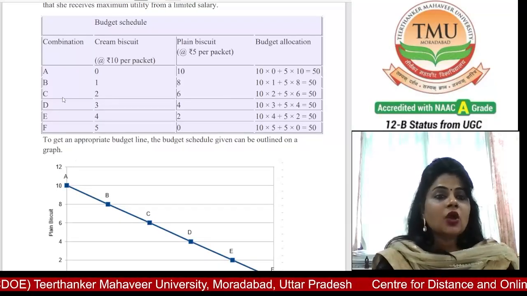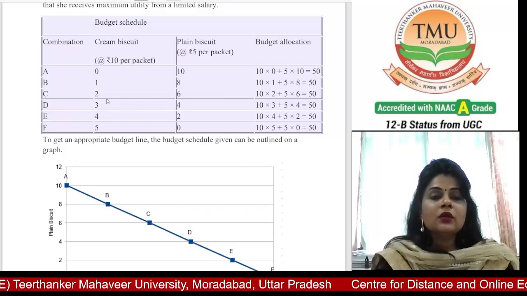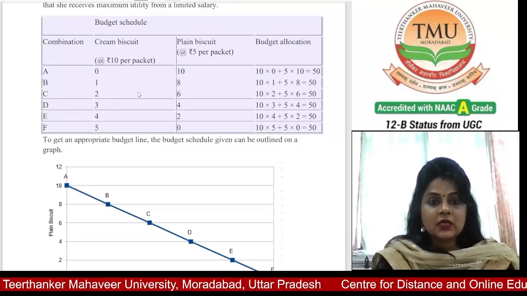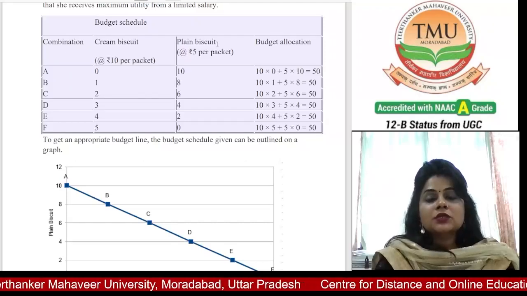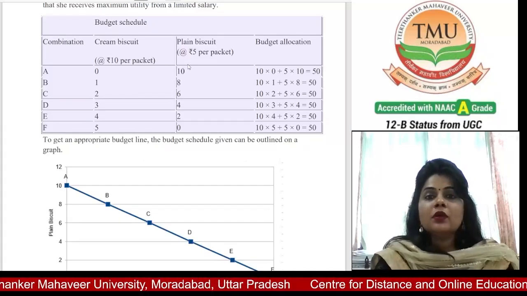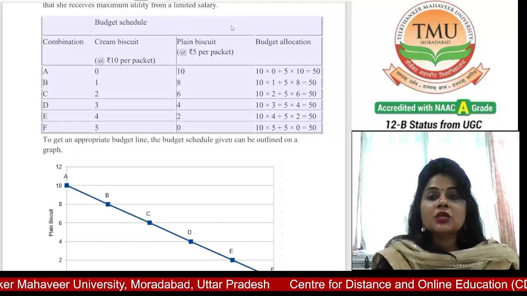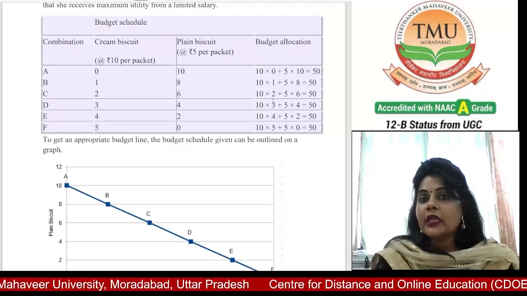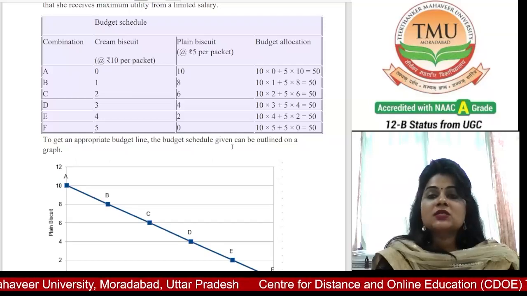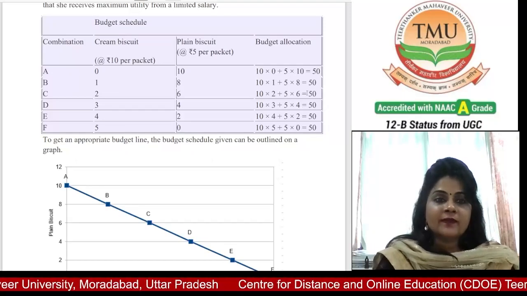Now, see the third combination, C. Radha bought two cream biscuits, at 10 rupees per packet, and she bought six plain biscuits. The budget allocation here: 10 multiplied by 2 is equal to 20, and 5 multiplied by 6 is equal to 30, and 20 plus 30 is 50.